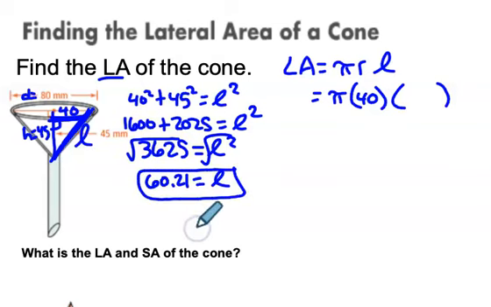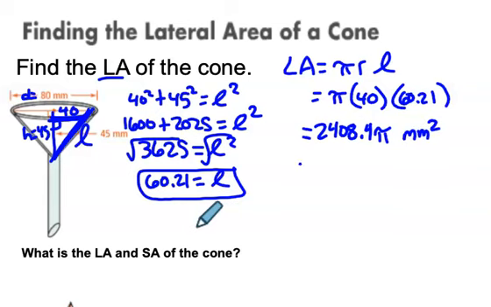Once we have 60.21, that's what goes over here. This one didn't say in terms of pi. It didn't say either way. So when it doesn't say, I still kind of like to do in terms of pi. So do the 60.21 times 40. So that's 2,408.4 pi square millimeters.